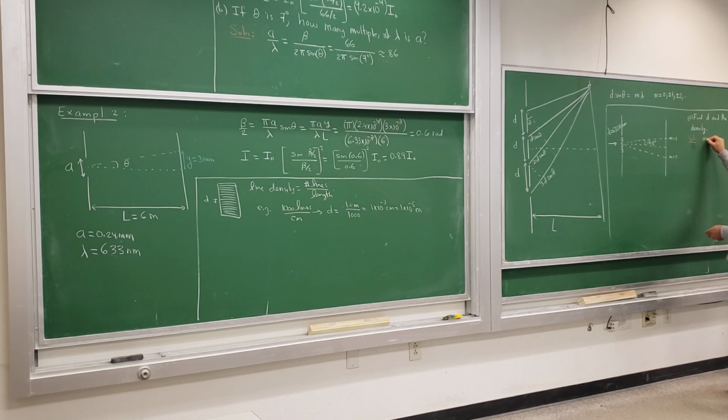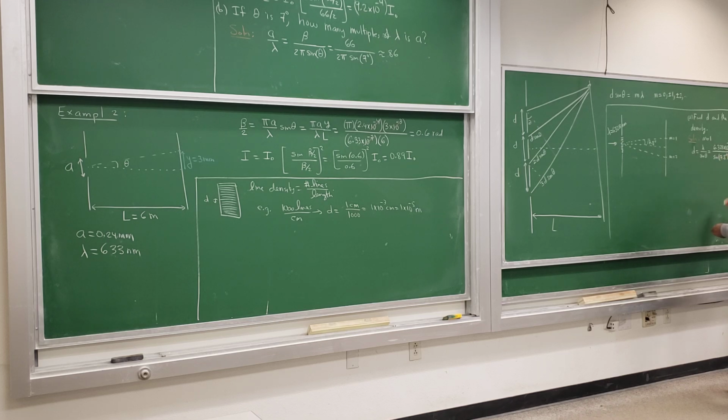In this case, m is equal to 1, so d will equal lambda over sine of theta, and that is 6.328 times 10 to the minus 7 divided by the sine of 17.8 degrees.